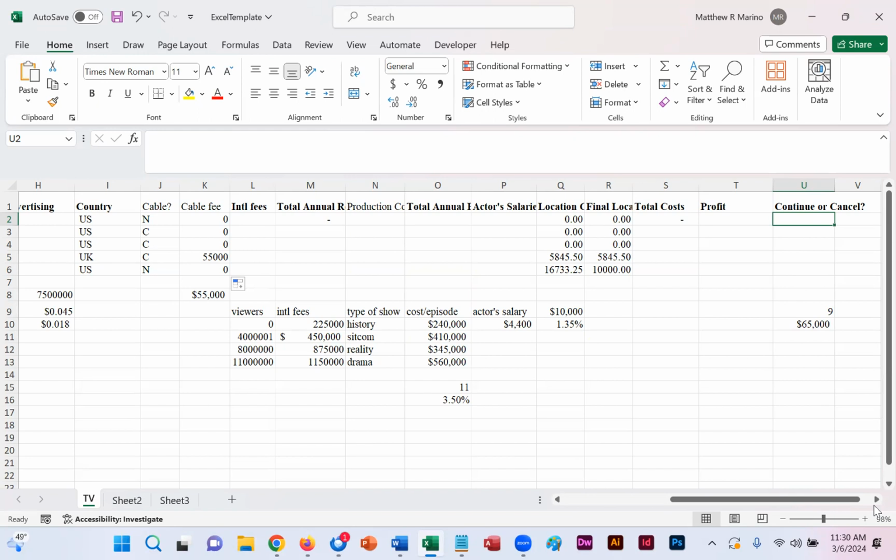You said profit. So you said 3 of these are going to be negative profits. You said profit was total annual revenue minus what? Total cost.